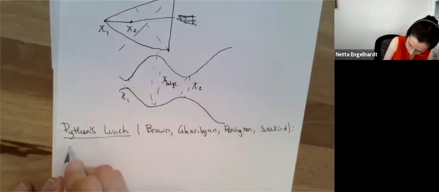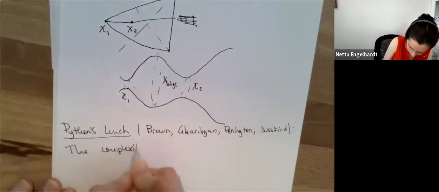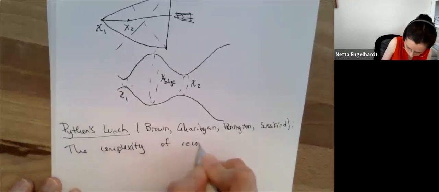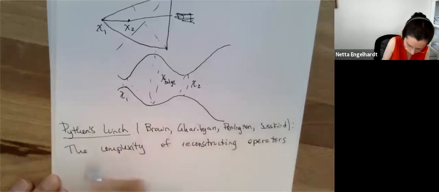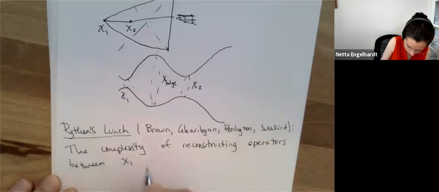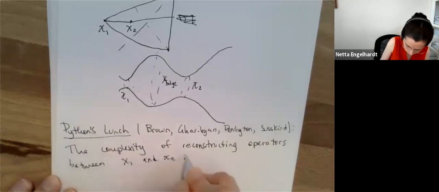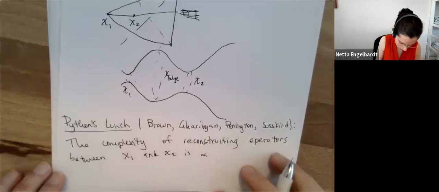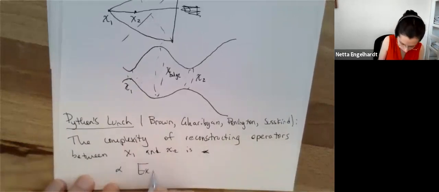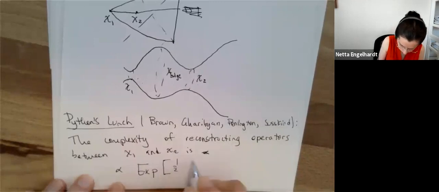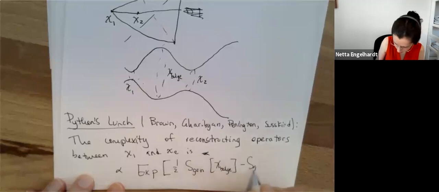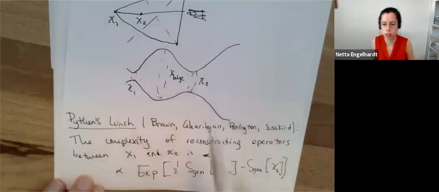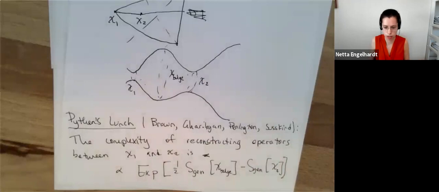And this proposal says that the complexity of reconstructing operators between chi1 and chi2 is proportional to the exponential of 1/2 of the generalized entropy of chi bulge minus the generalized entropy of chi2, this non-minimal quantum extremal surface.